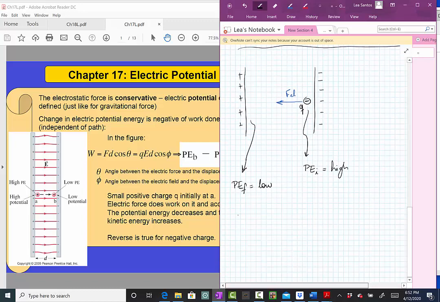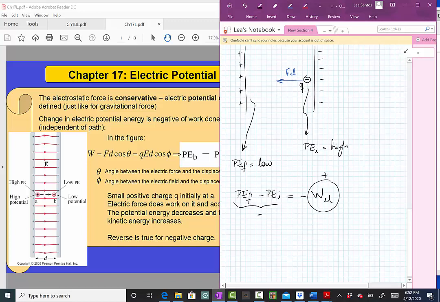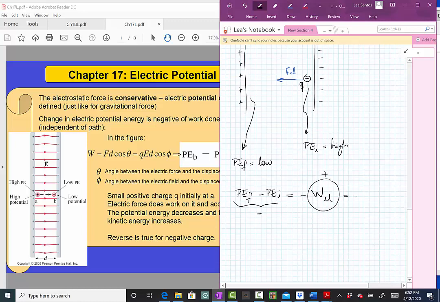Now I want to write the same equation, final potential energy minus initial. And this value has to be negative because the particle is losing potential energy. So it's going to be minus something. Minus what? The work. Which work? The work done by that electric force. And this value of the work, we know it's positive because the force is pointing to the left and the displacement is also to the left. The force is in the direction of the displacement, so this work is positive. So I can also write this as minus the electric force multiplied by the displacement.